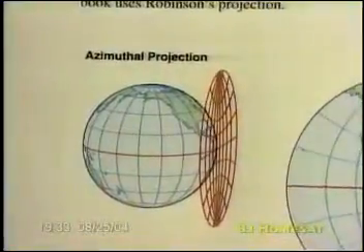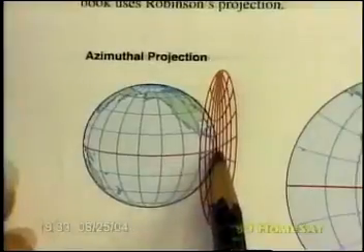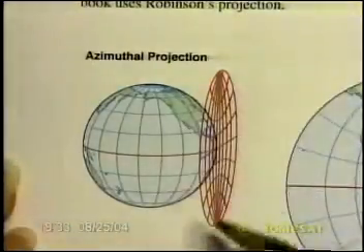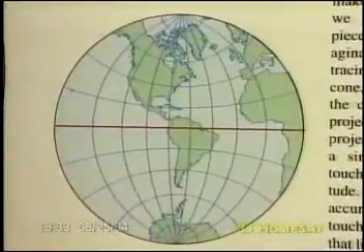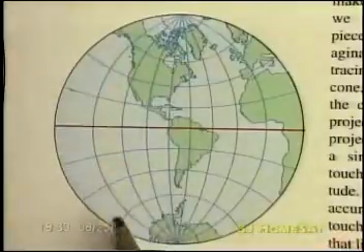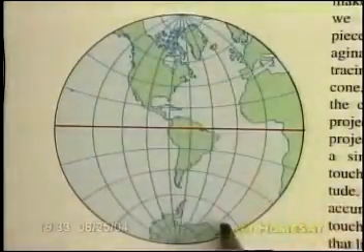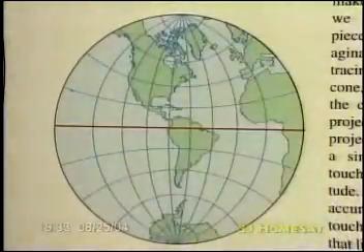If you turn with me, I'm going to look at the azimuthal projection, and here shows you what we did. One point on the globe is touching the plane or the piece of paper, and then here's what a typical projection looks like. Notice how the lines of longitude are curved inward.